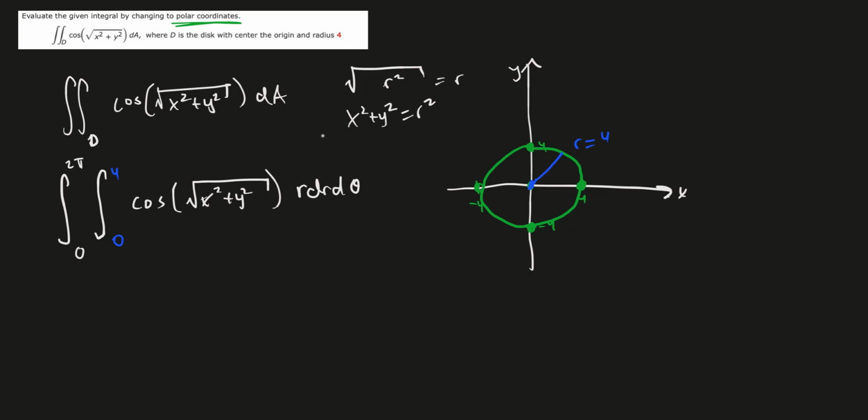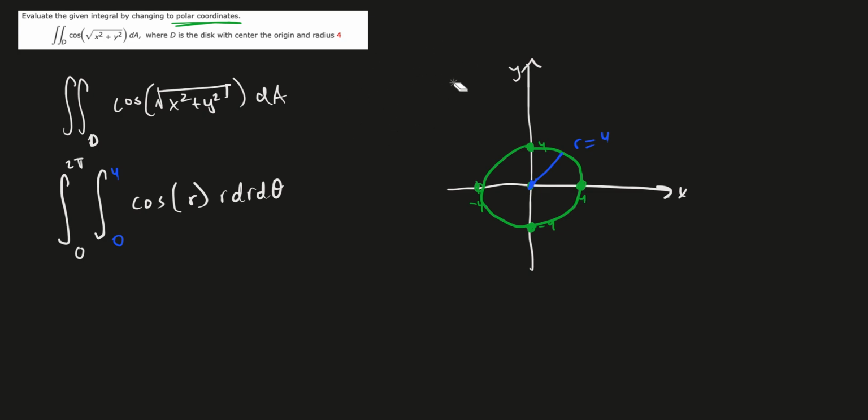So it's basically just cosine of r. That's what you end up with. And so this is your integral.